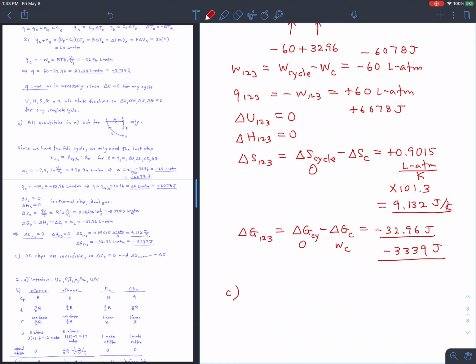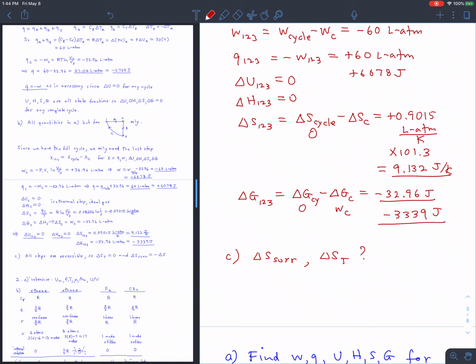All right, so that's all of number one, except for part C. Part C says, what's the total surroundings entropy change? And what's the total entropy change for both system and surroundings? I can't remember whether it asks for those numbers for each step or for the overall cycle, but it doesn't matter because all the steps are reversible.